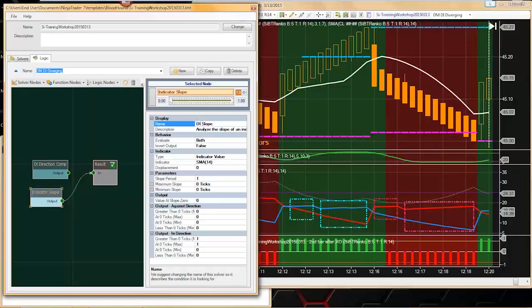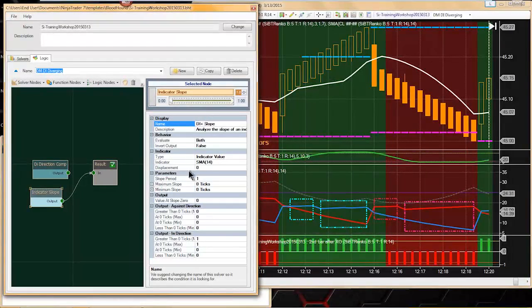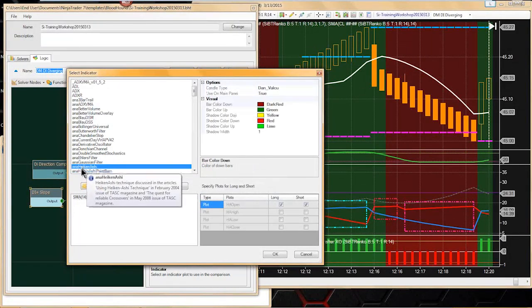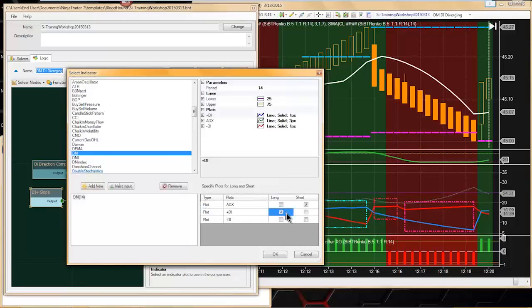So this is going to be the DI plus, the plus slope. Actually, yeah. So we're going to use the DI plus to find when it's sloping up, so when it's sloping up, we're going to get a long output. And if the DI minus is sloping down, we're going to get a short output.